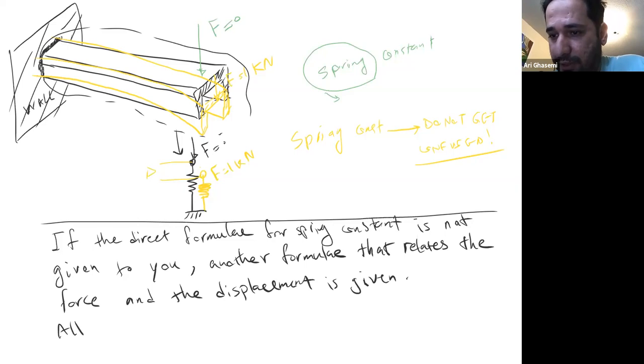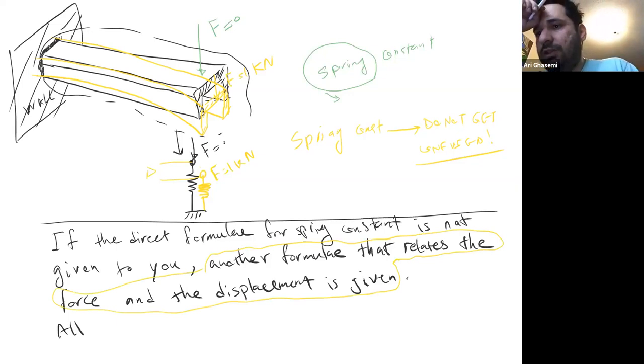So let's highlight this part: another formula that relates the force and the displacement is given. Again, you don't need previous knowledge of mechanics of material or elasticity. This formula is given to you.